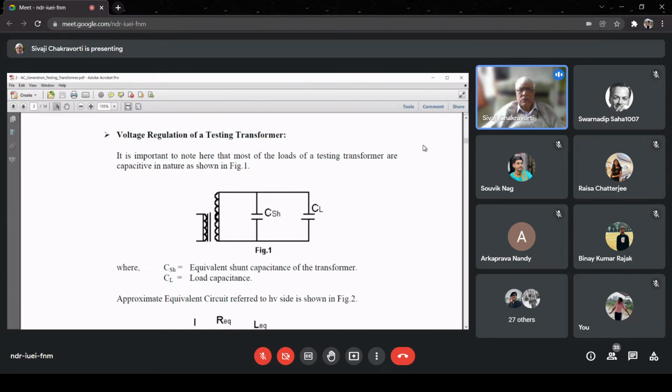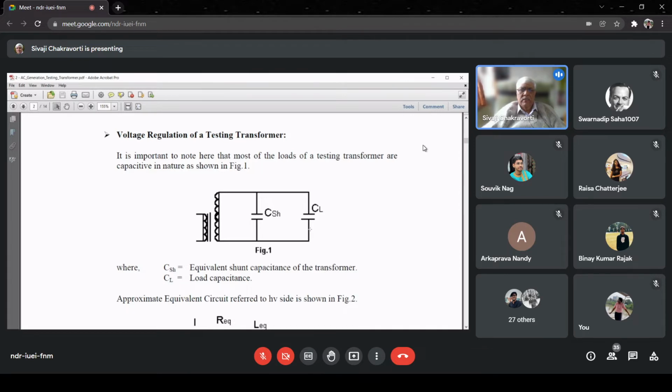Now here I have shown two capacitances. One is CL, another is CSH. Now what are these two capacitances? Now it is written here at the bottom of the figure that CL is load capacitance. Now you can ask me, what is load capacitance?